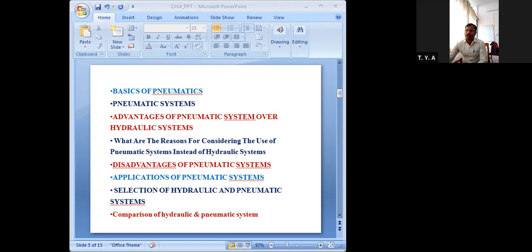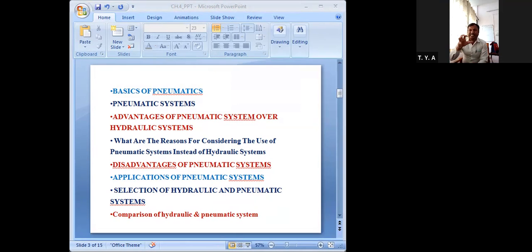Now the first reason is that, as we know, the weight density of gas, or you can consider weight density of air, is many times lesser than the liquid.